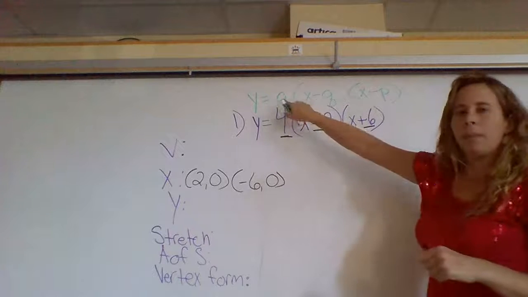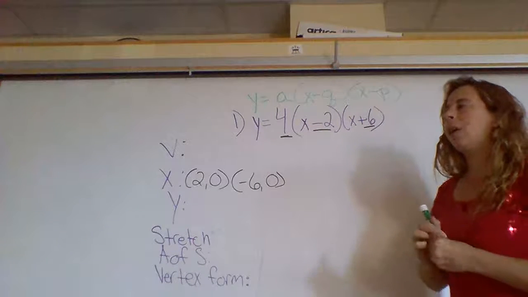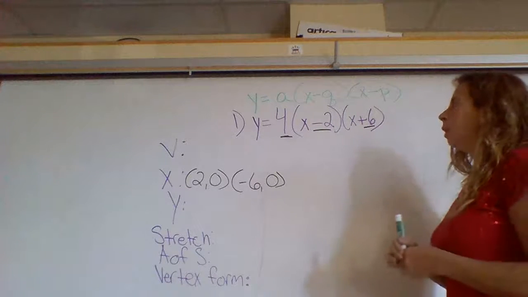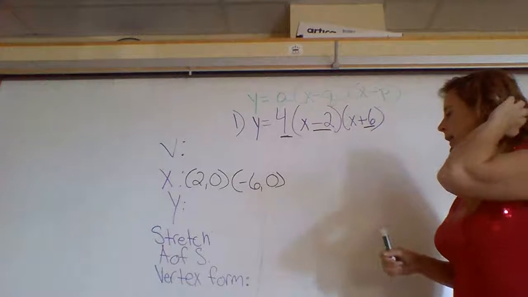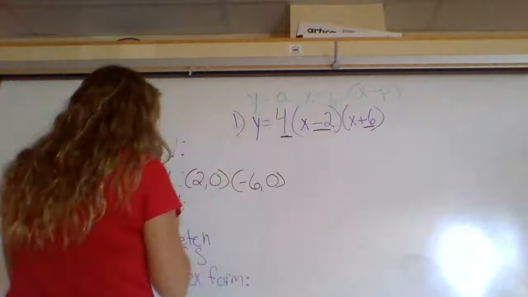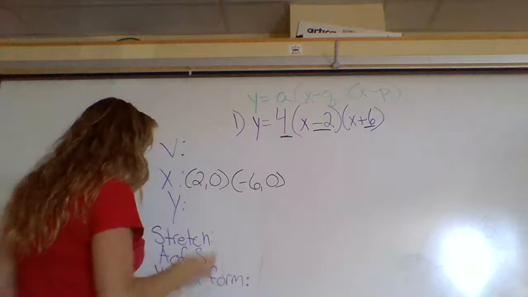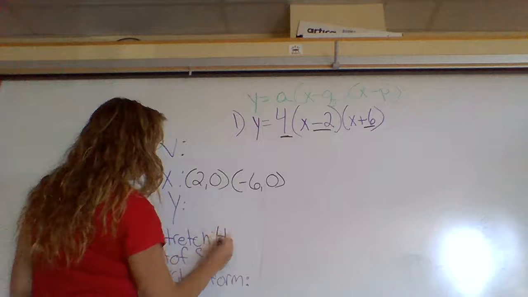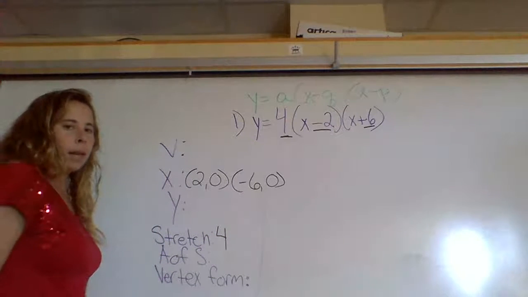A is the same in all three forms. It's always going to be the stretch or the shrink. So this is 4, so you just pull it out. The stretch is 4.